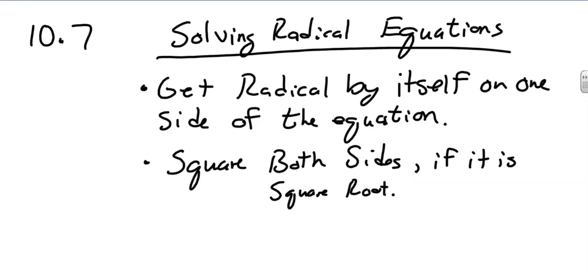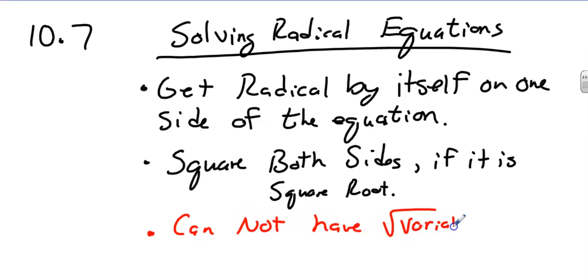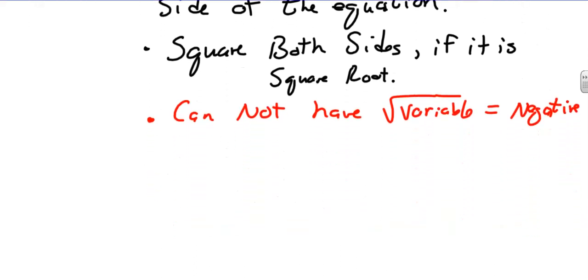The one thing you have to check for: you cannot have the square root of a variable, whatever it is, doesn't matter if it's x, y, m, z, t, whatever, or some expression, equal to a negative number.